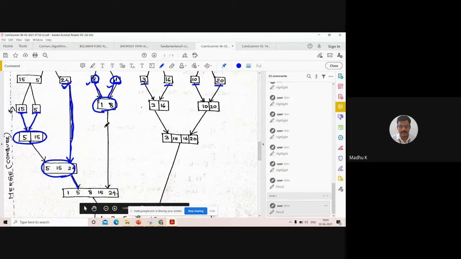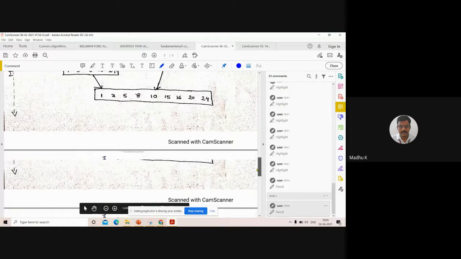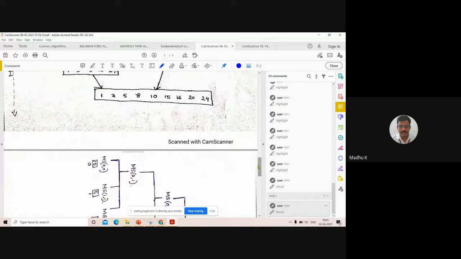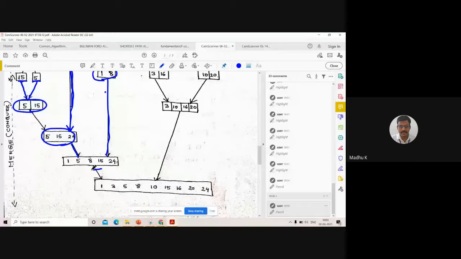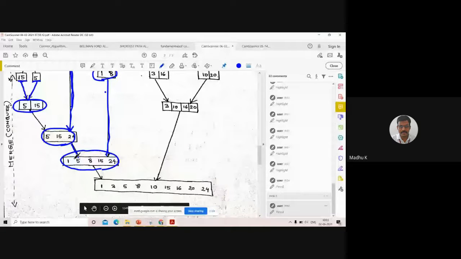So we will get this array. After combination, 1, 5, 8, 15, this is also in sorted order. This is called merging.